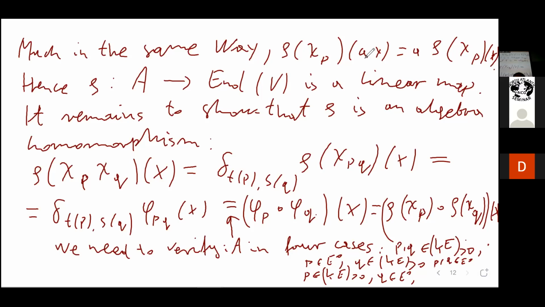So this equality checks out when V is not the end of path P. And when the end of P is my vertex V, then I have a projection on this.